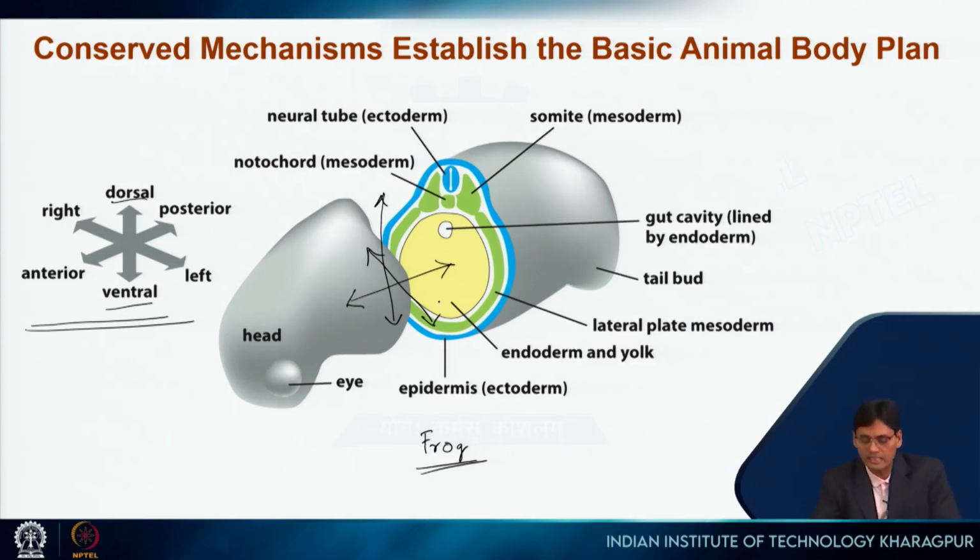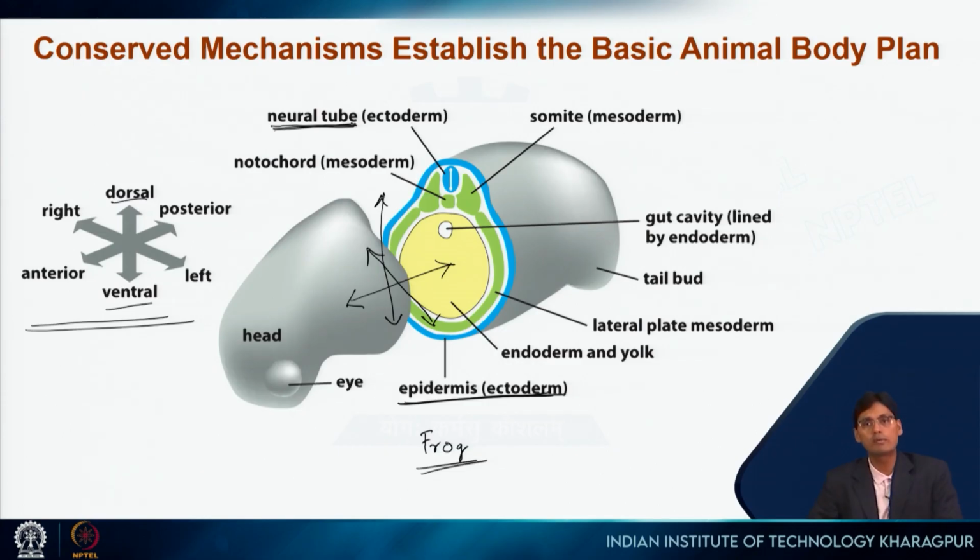So as you can see, if we make a cross section through this embryo, on the outer surface we have the layer shown in blue color, that is the ectoderm that forms the epidermis. And as I already mentioned, ectoderm also plays an important role in the formation of the nervous system.